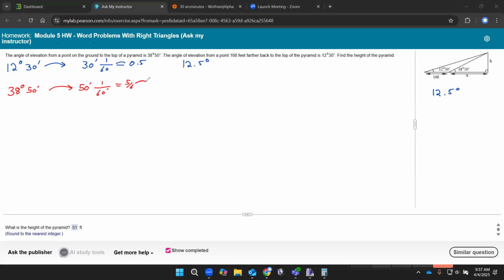I think we'll be okay if we just write 38.83 repeating. I'm going to keep an eye on the fact that I am rounding a little bit there, and maybe near the end I'll round less, or plug in a lot of decimals.